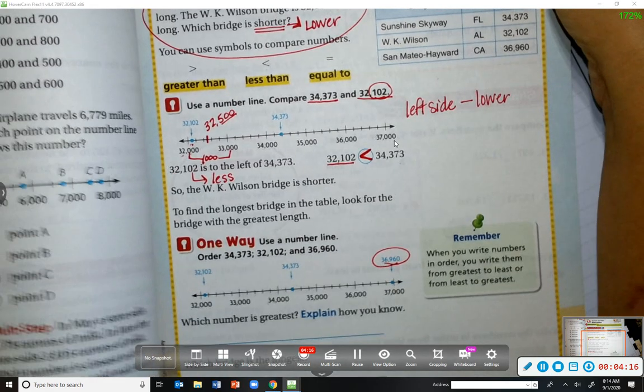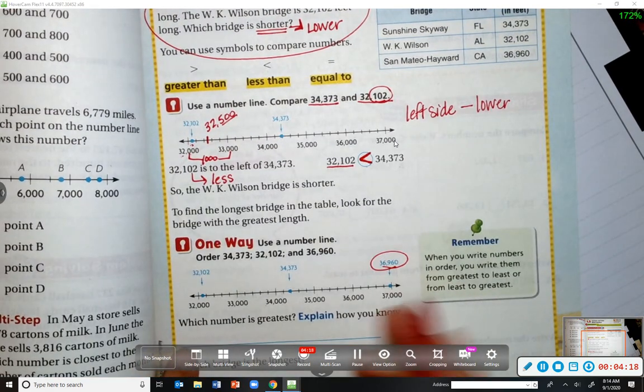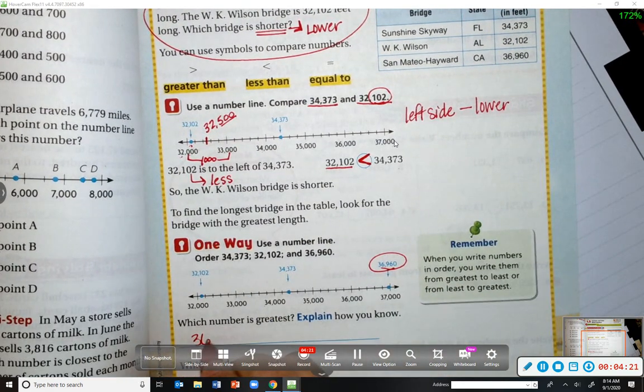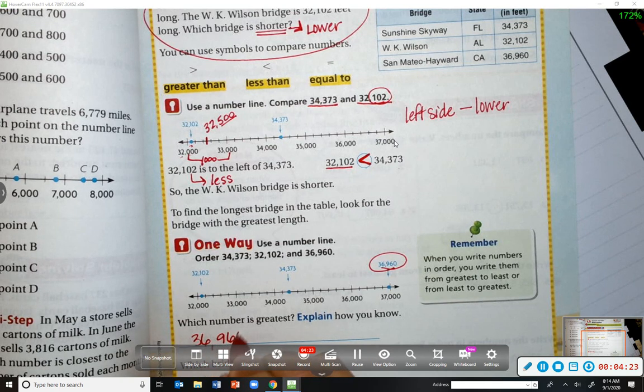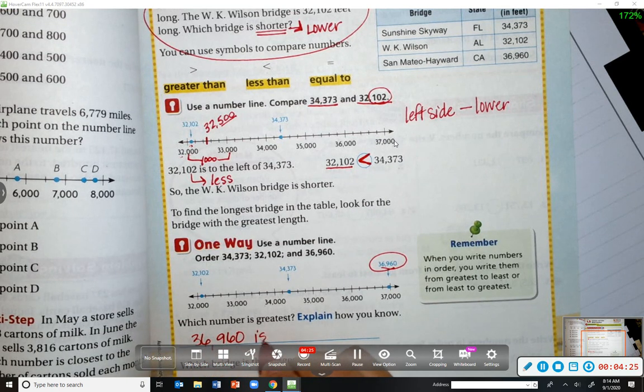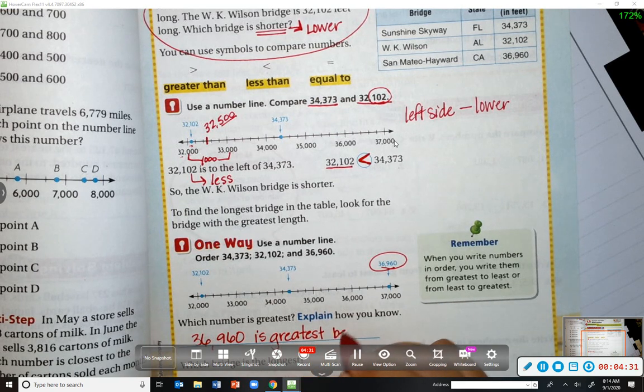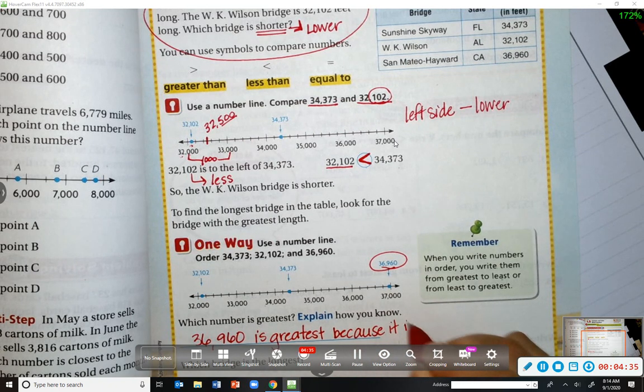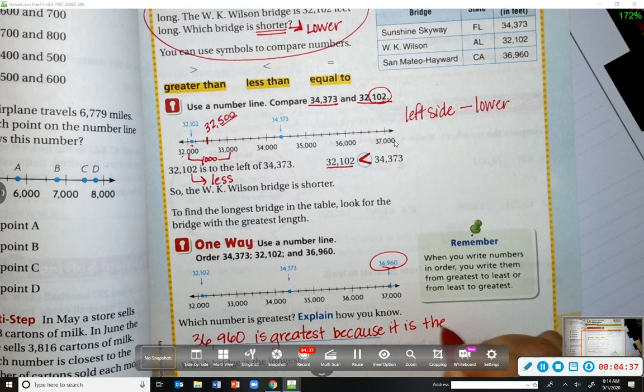Okay, so for the explain part, we would say 36,960 is greatest because it is the furthest to the right on the number line.